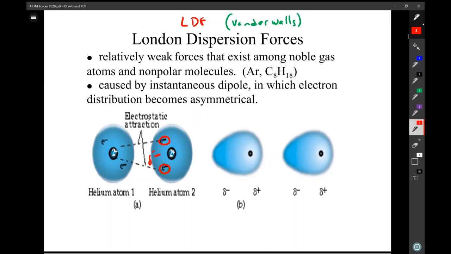And since there are no electrons over here, the positive charge from this nucleus can actually leak out just enough to give a slight positive charge. So you have something that looks like this: two electrons over here, and the positive nucleus has just enough room to get that positive attraction out.